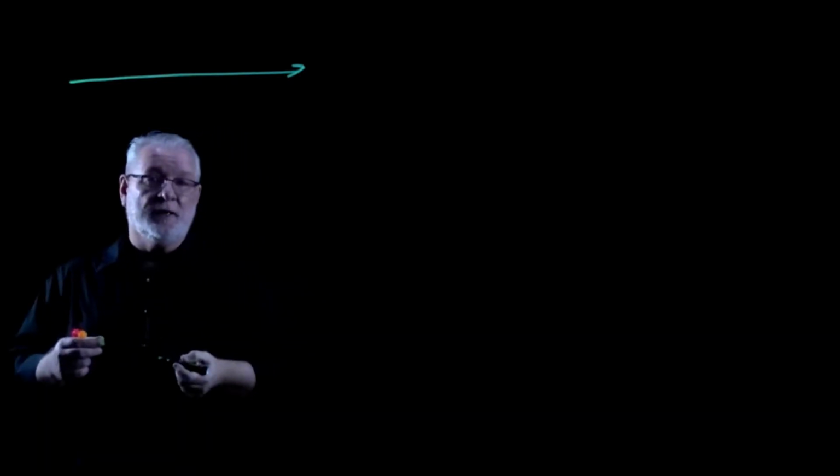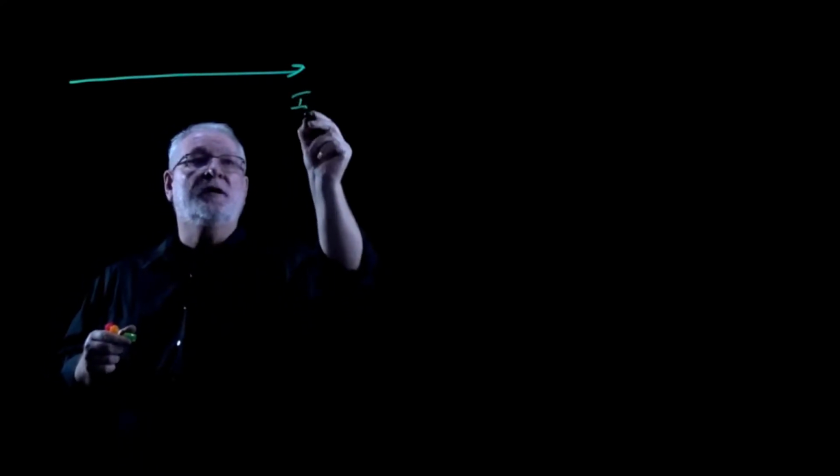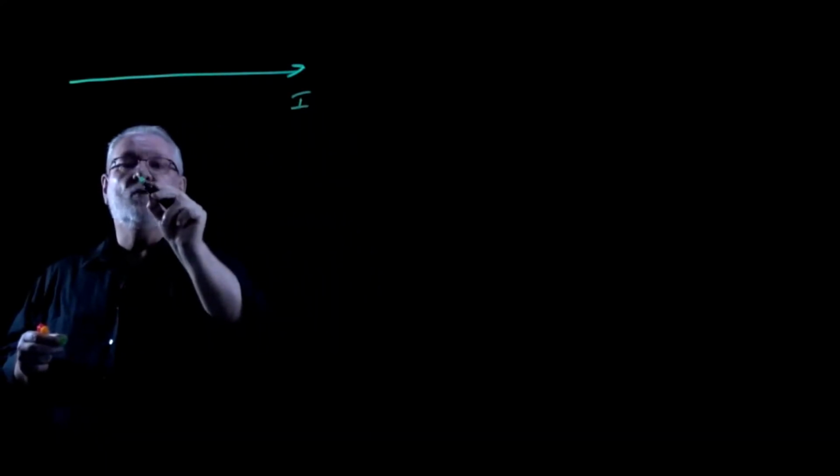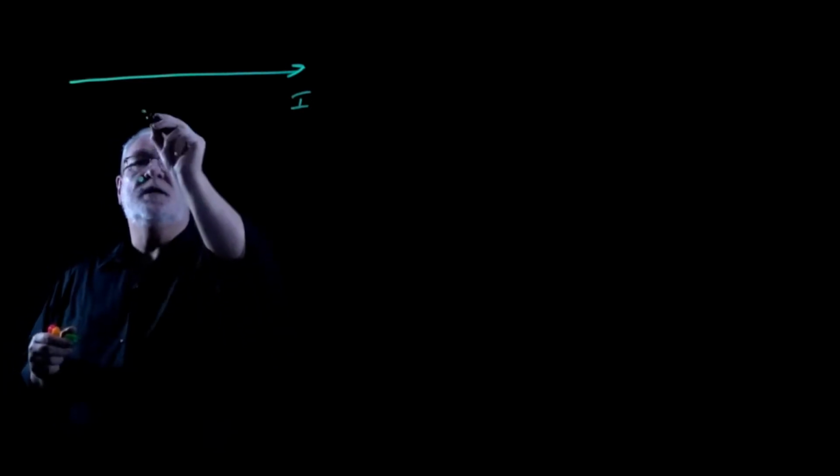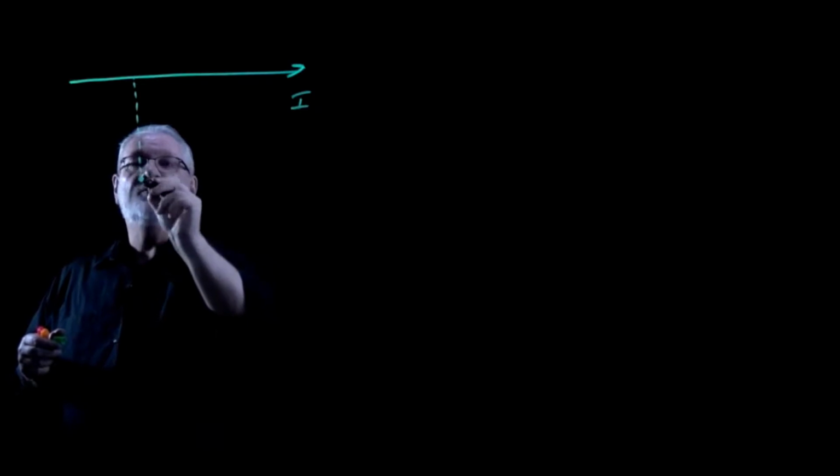Okay, up to this point, we've only been able to locate the magnetic field from a current-carrying wire by using the law of Biot-Savart. And in essence, what we did in that case is we took a long straight wire that was carrying a current. We identified a location where we wanted to find what the magnetic field was. We drew a line representing the radius from the location where I wanted the field perpendicular to the wire.